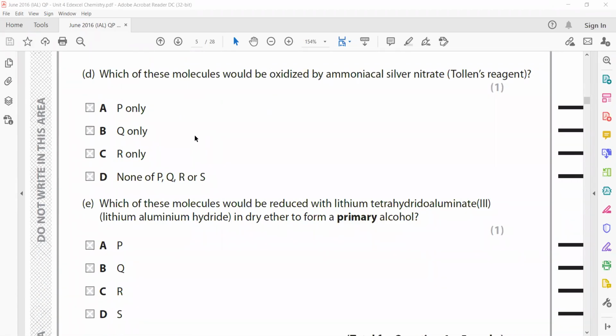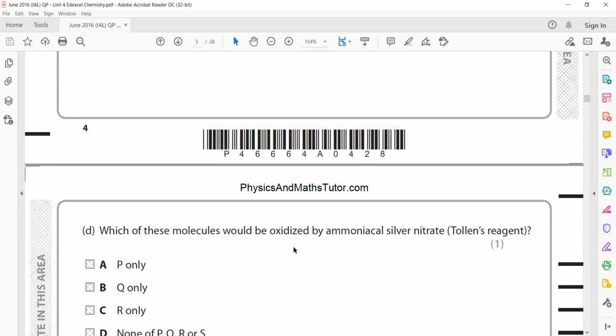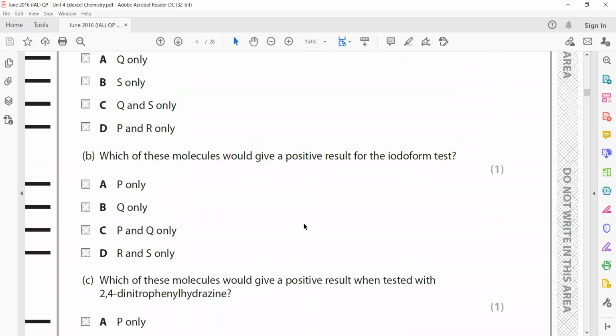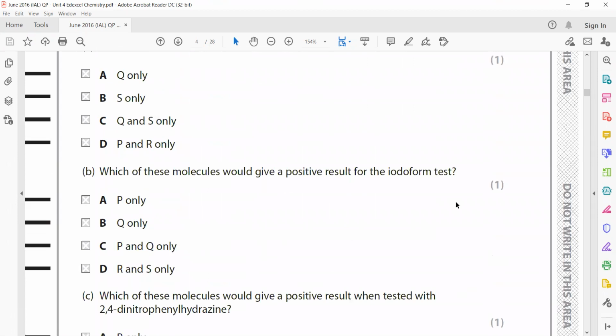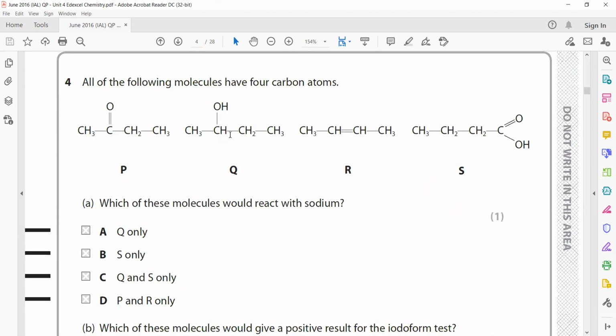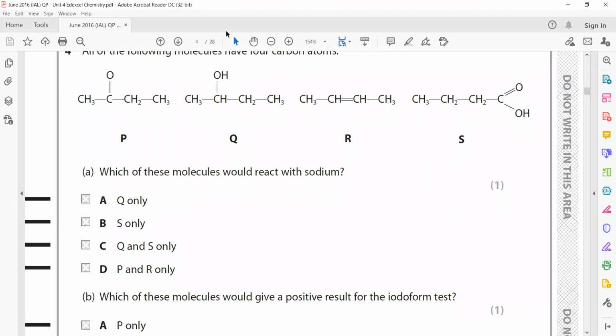Which of these molecules would be oxidized by ammoniacal silver nitrate? Ammoniacal silver nitrate, or Tollens' reagent, will give a positive result with aldehyde.